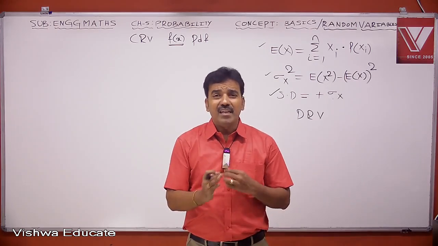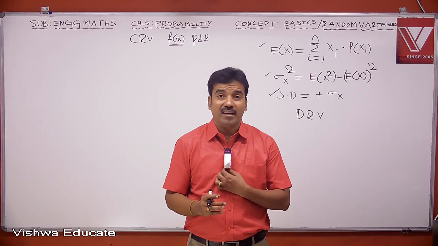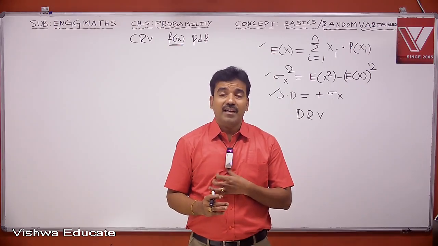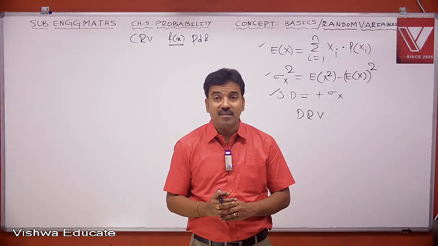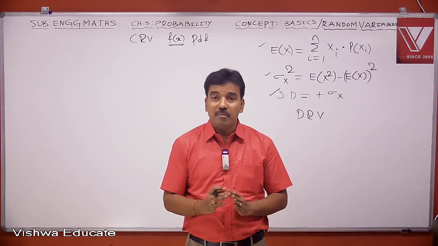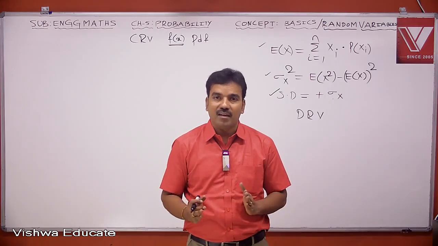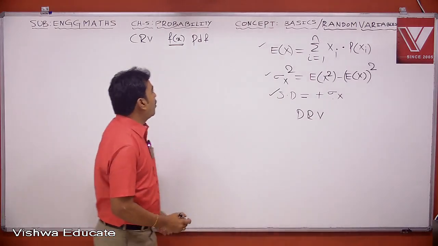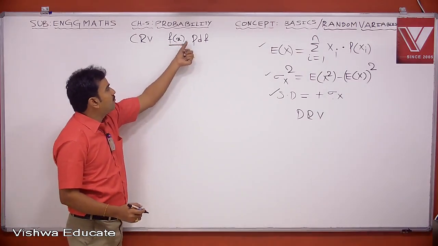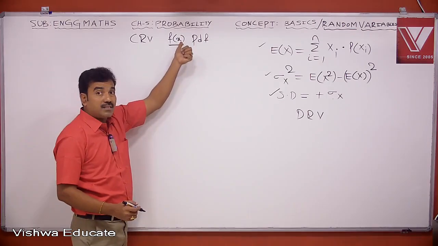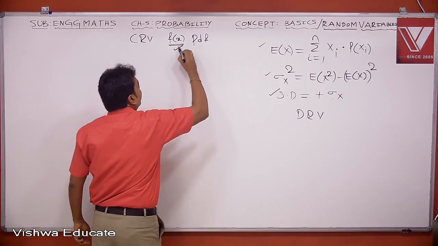That means individual probabilities are mentioned very clearly. But in the case of a continuous random variable, we have infinitely many sample points, so it may not be possible to describe the probability of each sample point. In that case, all probabilities will be specified by a function in the single variable x, that will be the PDF.